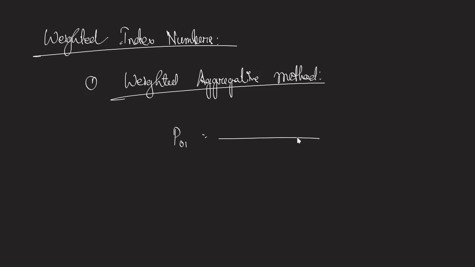So weighted aggregative method, the formula is P01 is equal to summation P1W by summation P0W into 100. তাৰমানে আমি current period product bilakor price or logot eta weight multiply korim, and base period product bilakor jitu price ase tar logoto eta weight multiply korim.